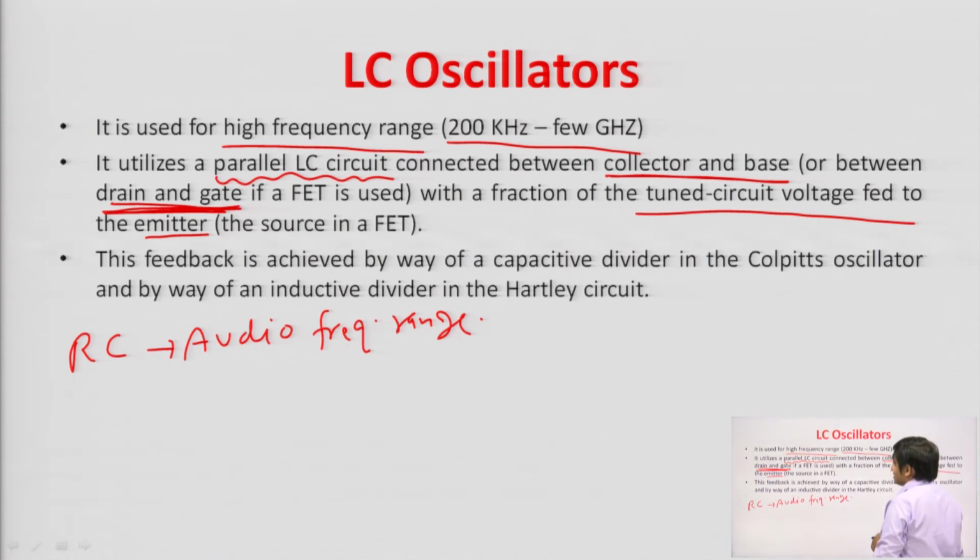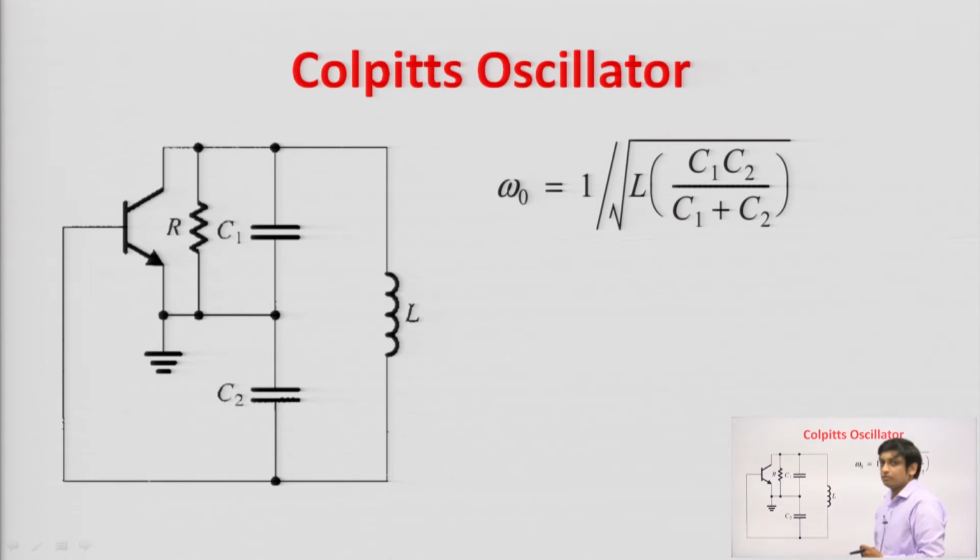Basically, LC oscillators are of two types, one is Colpitts and the other is Hartley. In the Colpitts oscillator we use a capacitive divider, and in the Hartley oscillator we use an inductive divider circuit. Now, this is the Colpitts oscillator.